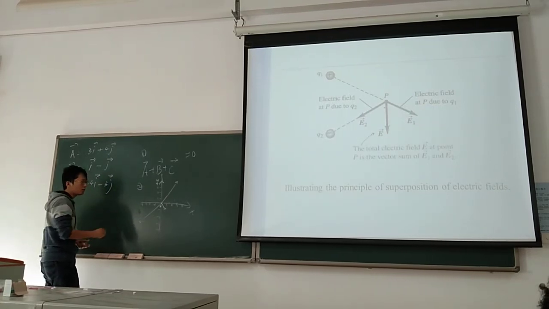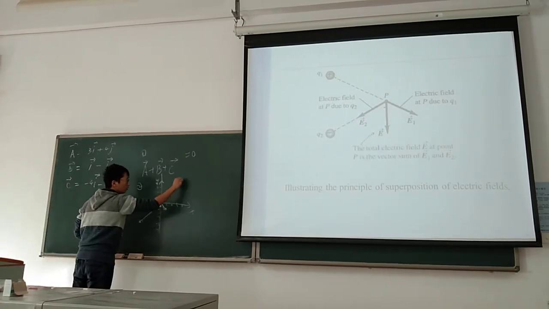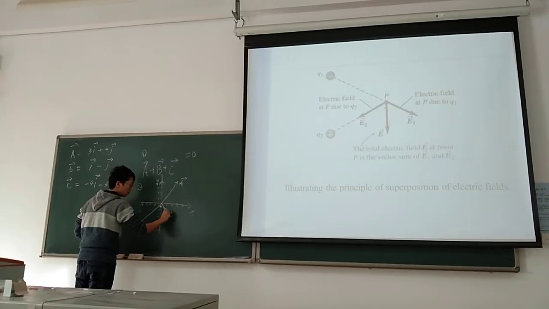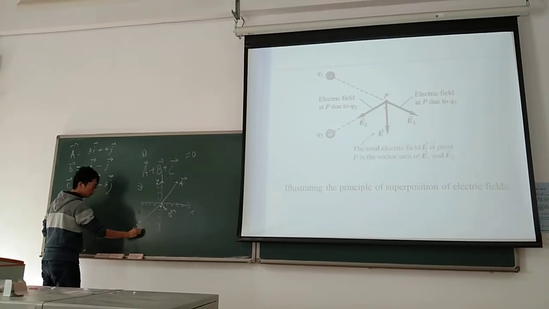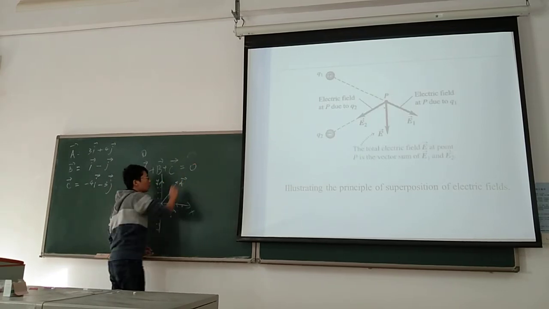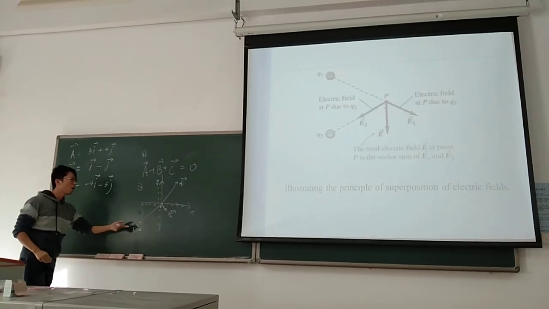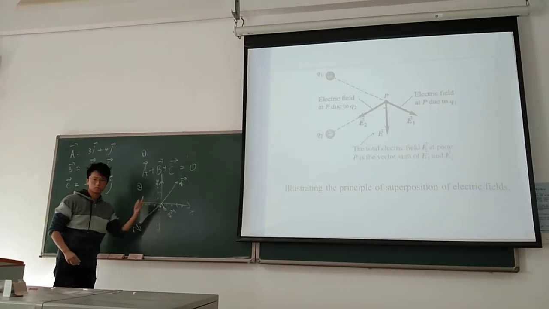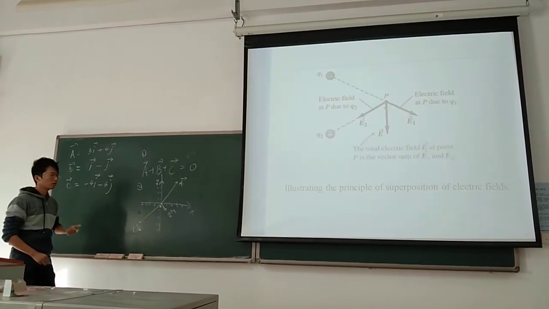You can see there are three vectors. If we know the superposition of them is 0, what does that mean? Why do three vectors equal 0?